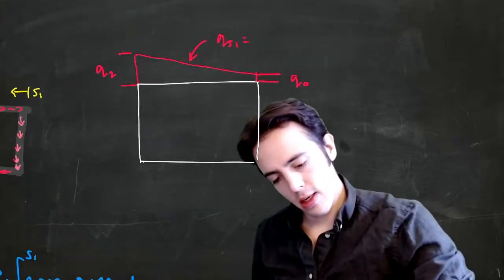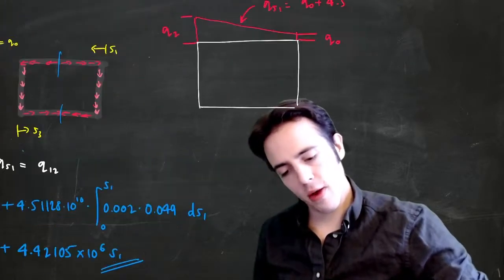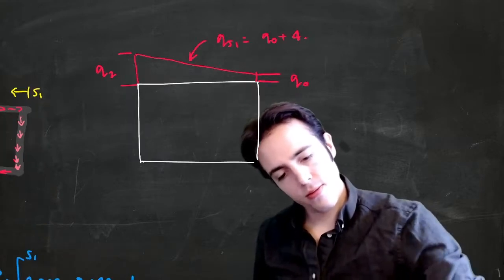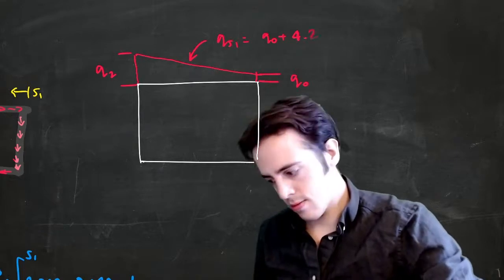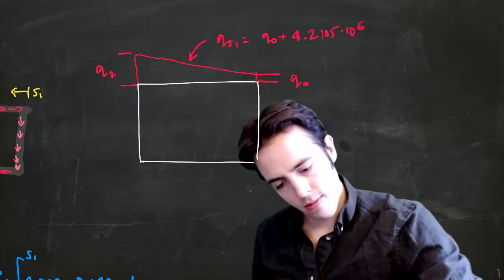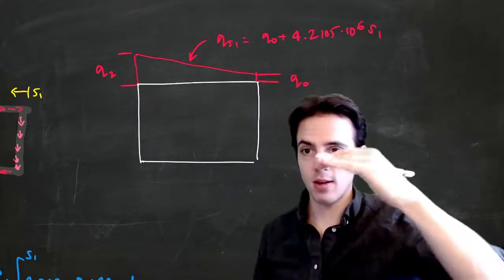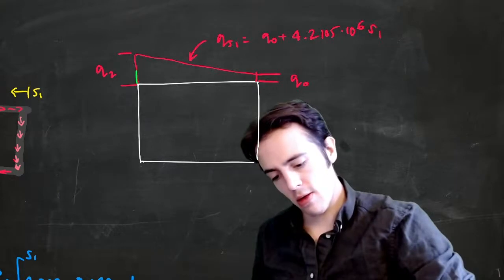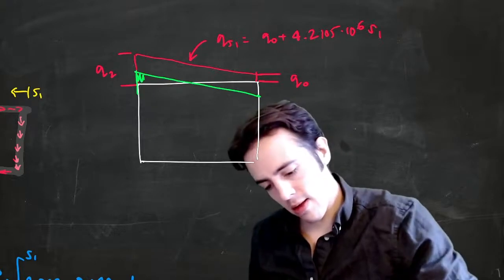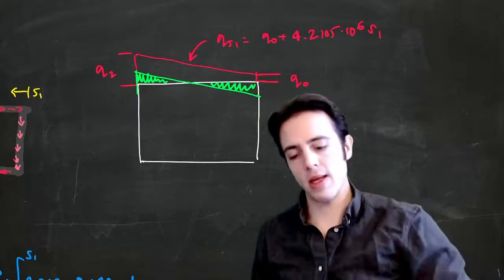So QS1 is equal to Q0 plus 4.42105 S1. That's our first distribution. And when we find out that Q0 is a negative number, this will change the distribution to look something like this, which would give us a positive value here and a negative value here. We'll think more about how we represent this on the diagram when we get there.